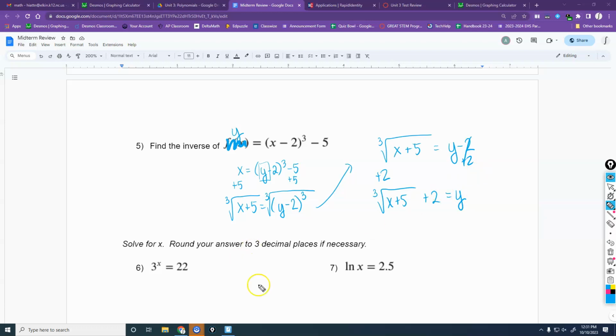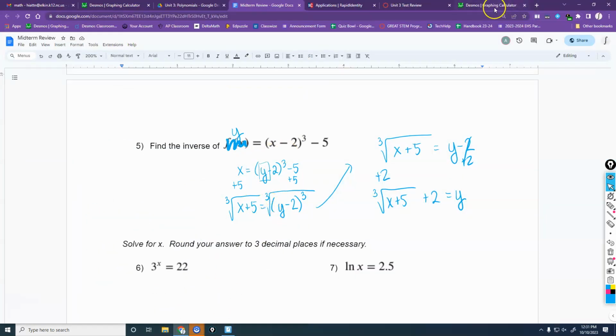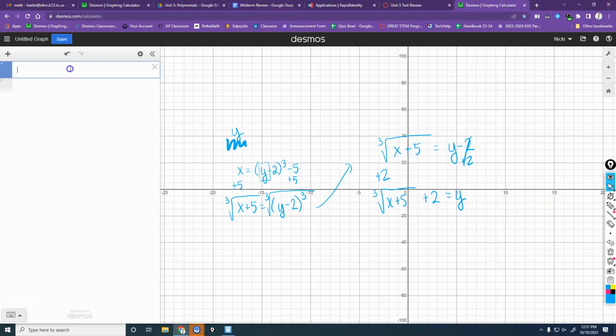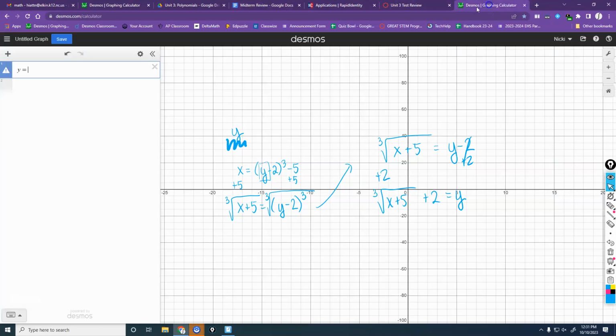Who can remember how to check that in Desmos? This might be a good thing to add to a note card. Let's see, the original was what? Y equals (x minus 2) to the third minus 5. That was the original.